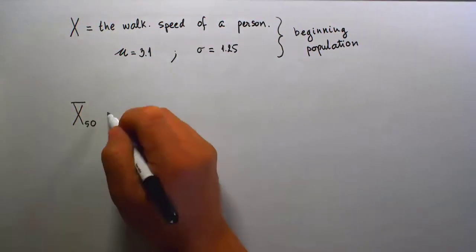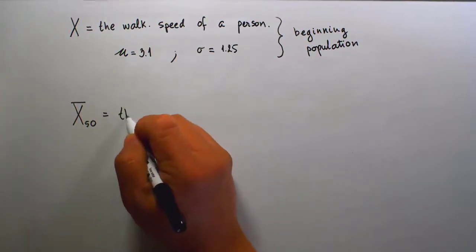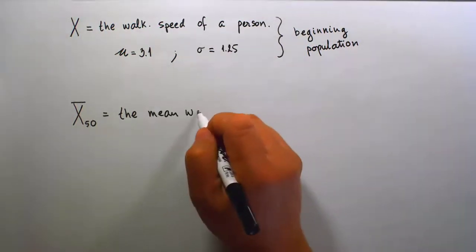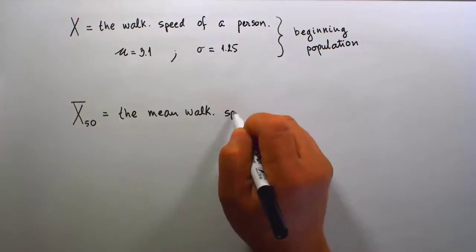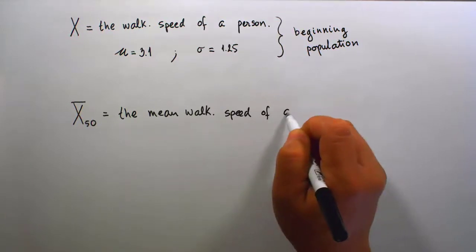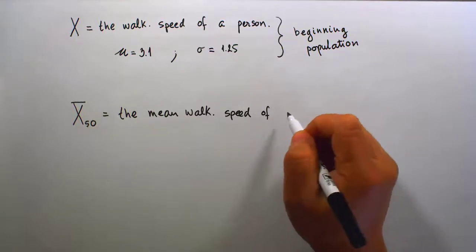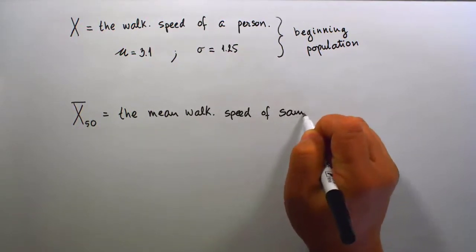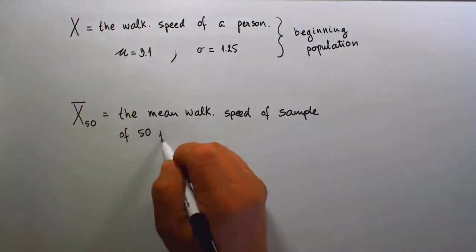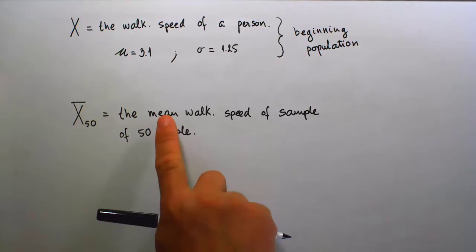So my random variable capital X bar subscript 50 represents the mean walking speed of a sample of 50 people.